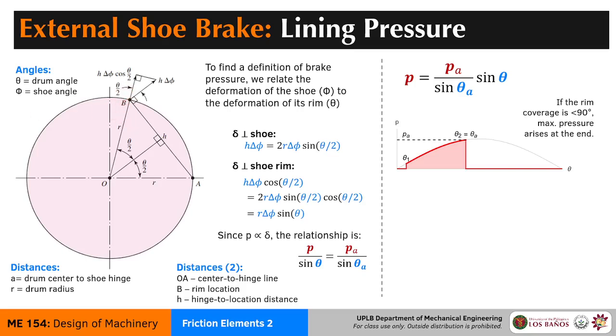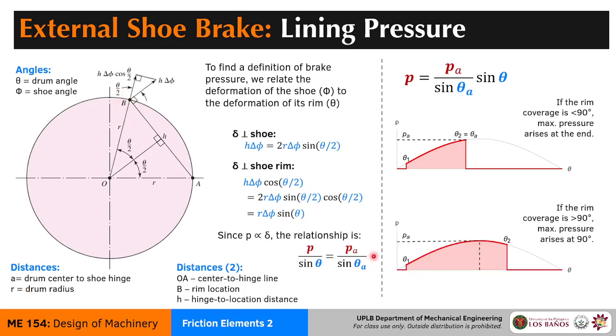However, if your brake pads are extensive, like they reach beyond 90 degrees, then the highest pressure will be at theta equal to 90 degrees. This is a consequence of this function specifically. So if your coverage is within only the first quarter, then your maximum pressure is at the end of your brake lining.